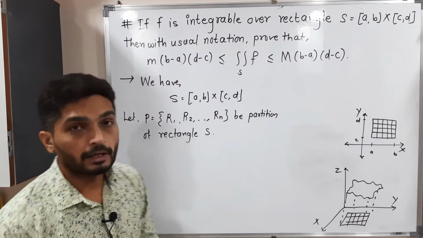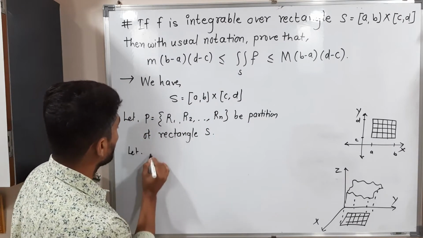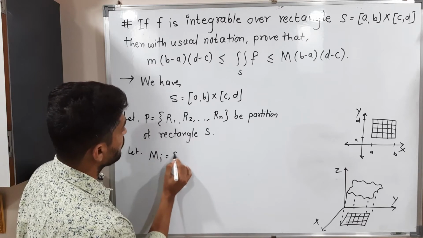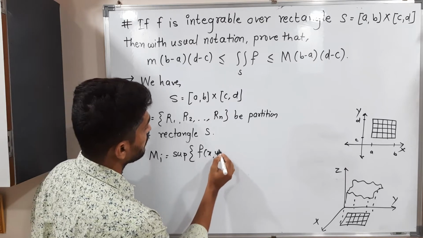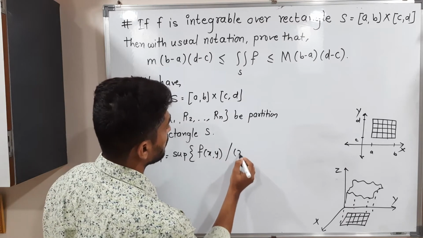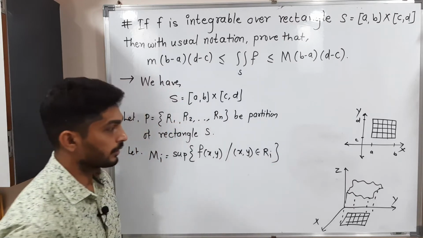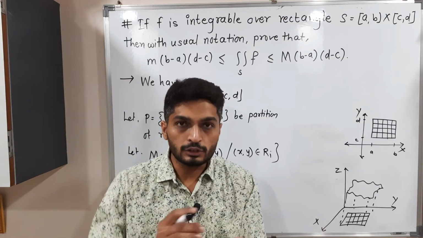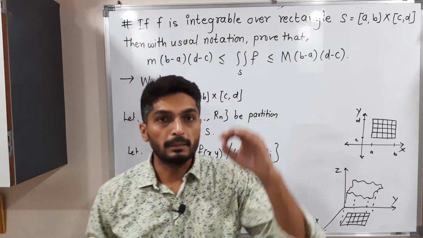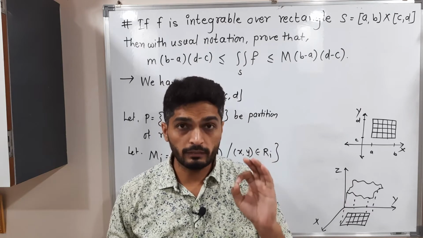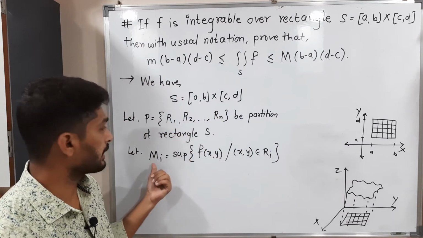After taking a partition, let capital Mi be equal to the supremum of f(x,y), where (x,y) belongs to Ri. That means over each rectangle the function will have a minimum value and a maximum value. The maximum value over each rectangle is capital Mi.